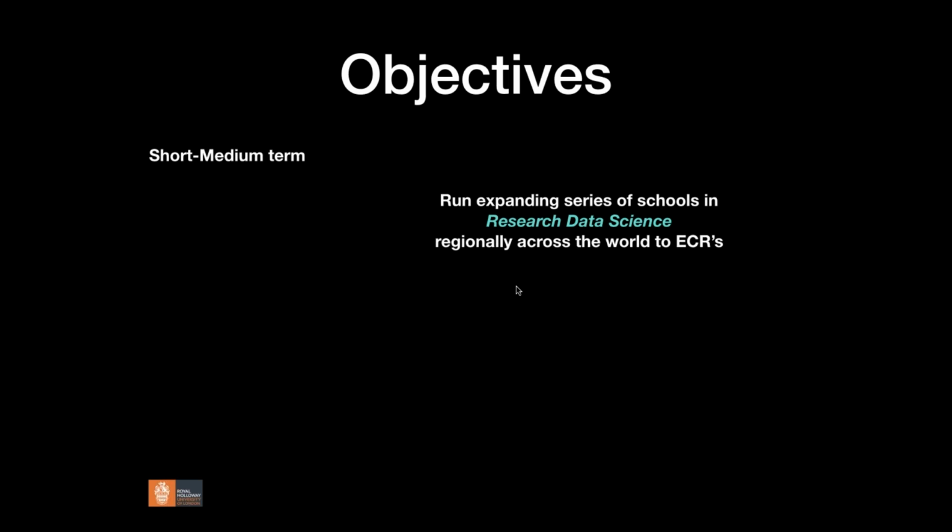So overall, we have a set of objectives for these schools, which is, in the short to medium term, we want to be running an ever-expanding series of these CoData RDA schools in research data science, run regionally across the world for early career researchers.